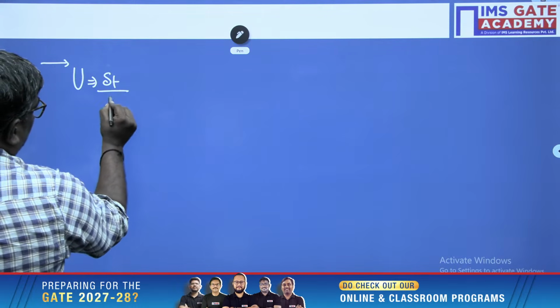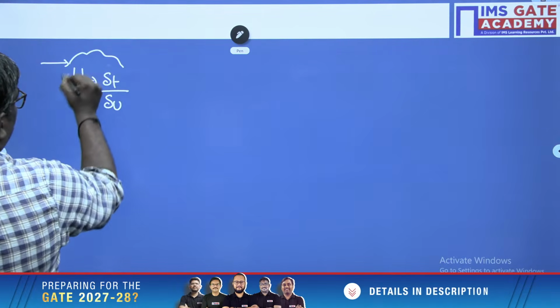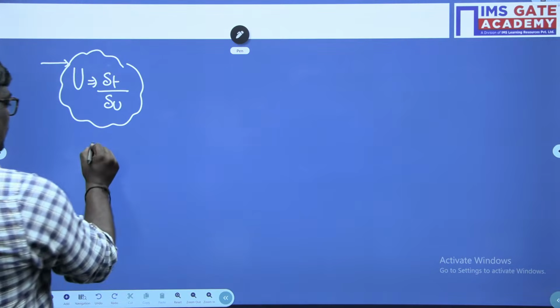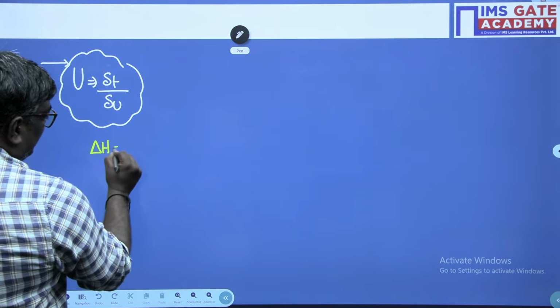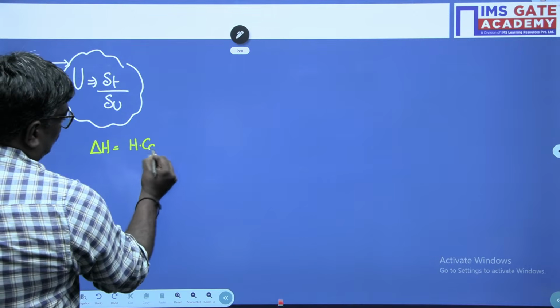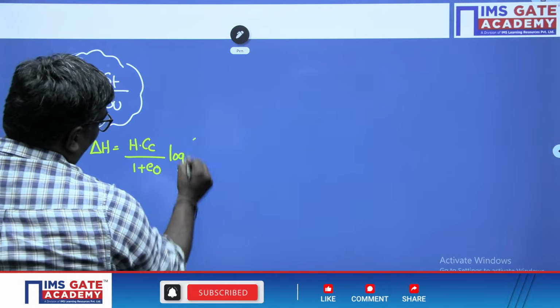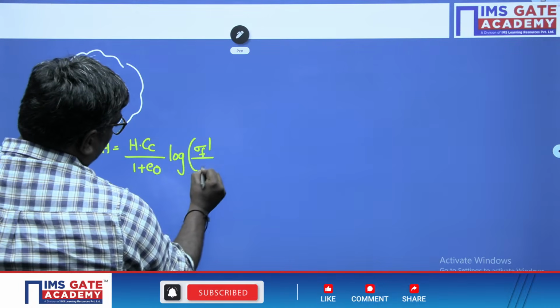Now see, there is a concept called degree of consolidation. It is nothing but the settlement at a time by the ultimate settlement. And remember, my dear students, delta H, which is known as settlement, is given by the formula H into Cc upon 1 plus E naught into log of sigma final upon sigma initial.